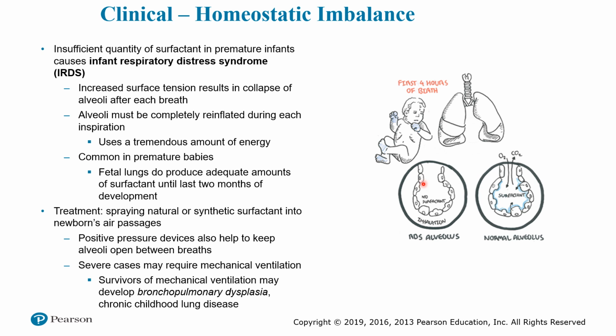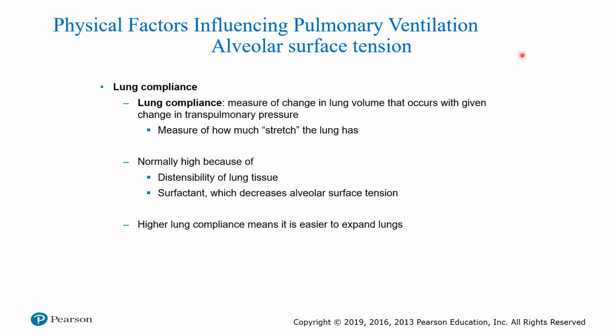So these children are at risk and they develop this syndrome. And the treatment is that they're sprayed with the synthetic or the natural surfactant, and then also positive pressure devices are used. But all these things also have side effects which can affect the baby for the rest of their life. So we are discussing the factors which influence the pulmonary ventilation.